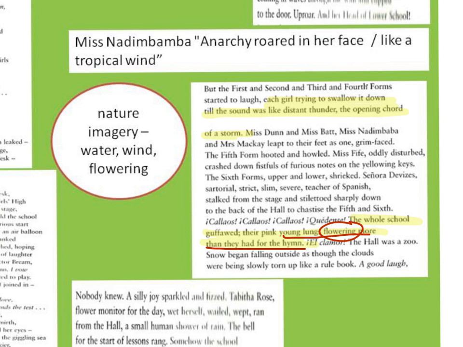Just speaking of rebellion, going back up slightly higher there, "anarchy roared in her face like a tropical wind." As we put on a previous slide, Duffy's teenage years coincide with the late 60s, early 70s period. If you're looking at anarchy and thinking about the 1970s, we could be channeling an idea of punk there, another form of musical rebelliousness aimed at or appealing to teenagers to smash the status quo and to rail against the establishment.